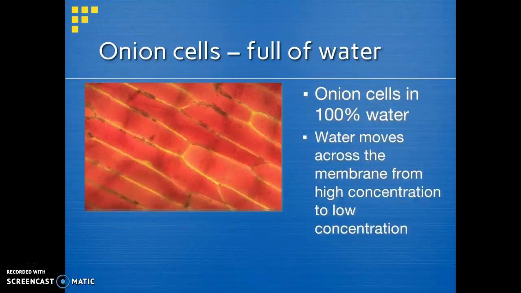We saw this by putting cells in water, and we saw that water moved from high concentration outside the cell into the cells, forcing the cell membrane to push against the cell wall and making it look like a solid brick wall.